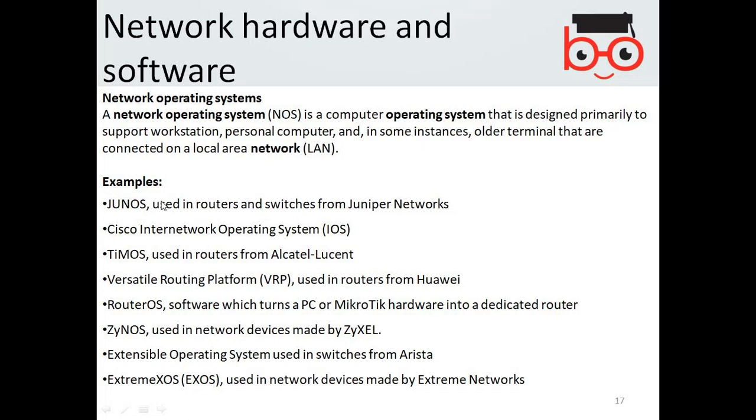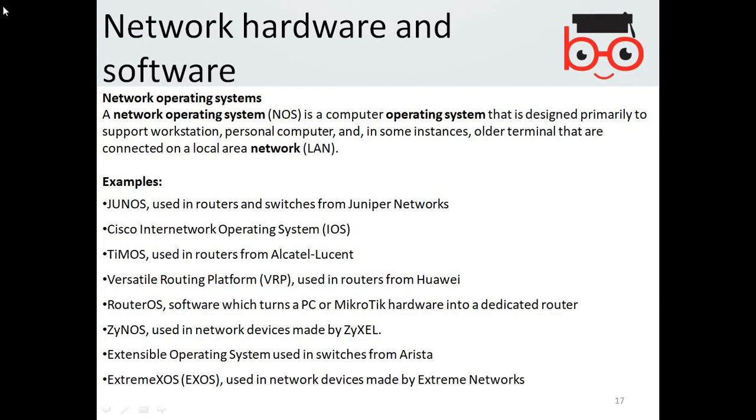Examples of network operating systems are JUNOS, used in routers and switches from Juniper Networks, Cisco IOS, TiMOS, Versatile Routing Platform, RouterOS, and ZyNOS. If you have a router, then your device needs to have an operating system.